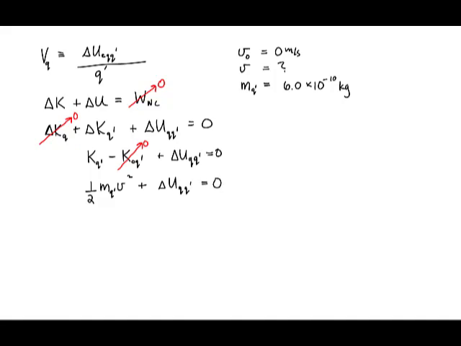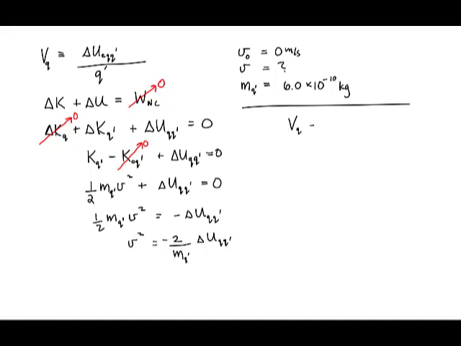Let's isolate the speed by moving the potential energy to the other side. And let's multiply by 2 over the mass of charge Q. And now let's recognize something.